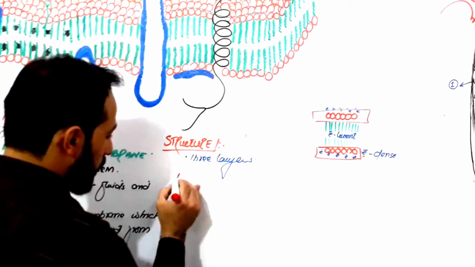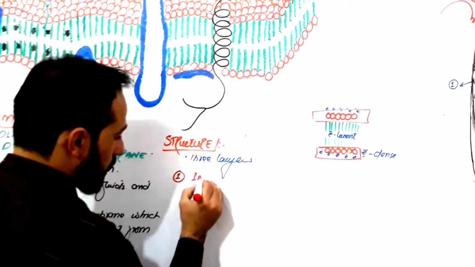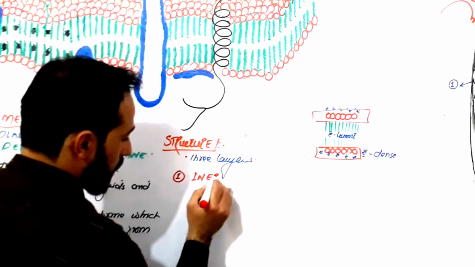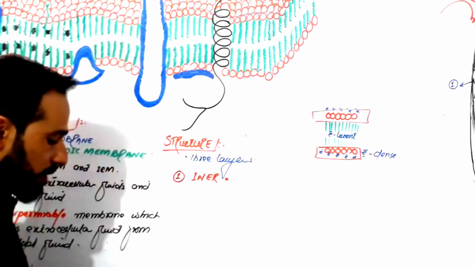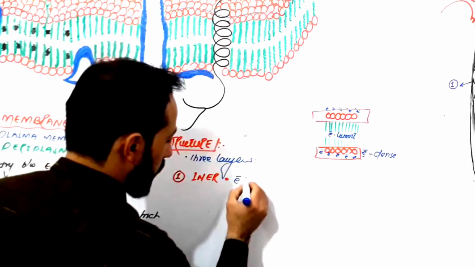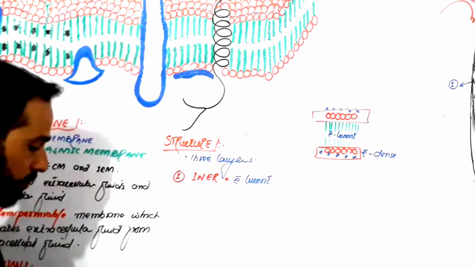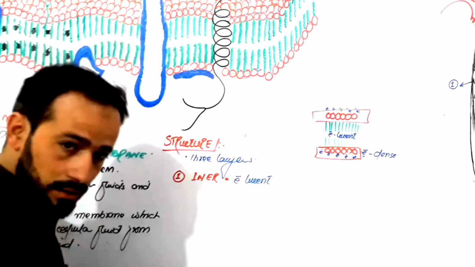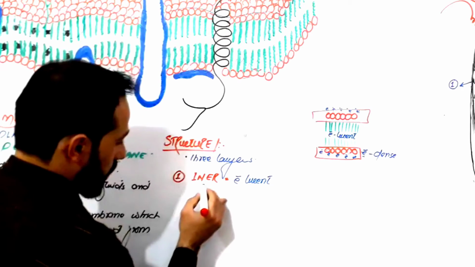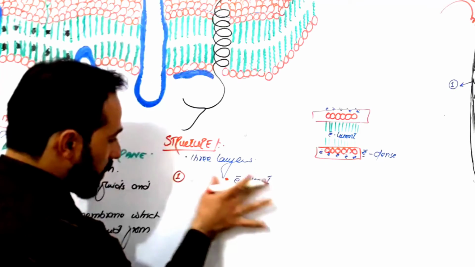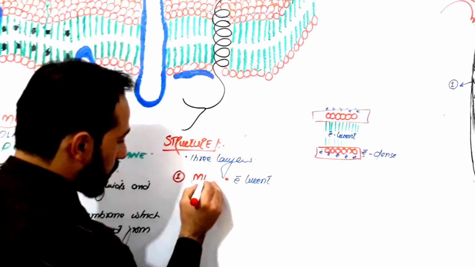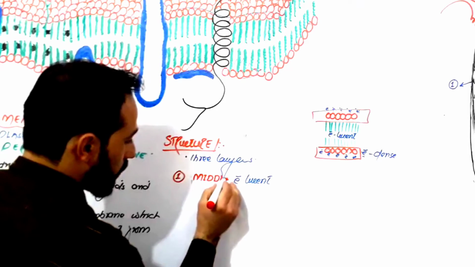First, the middle layer, which is electron lucent. Instead of inner, if I write middle, that will be more precise.